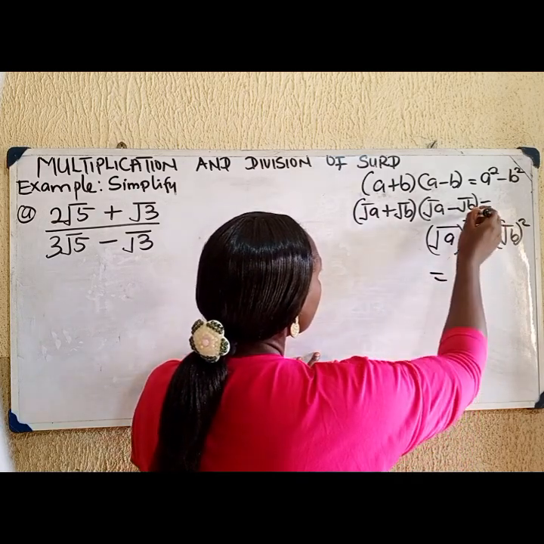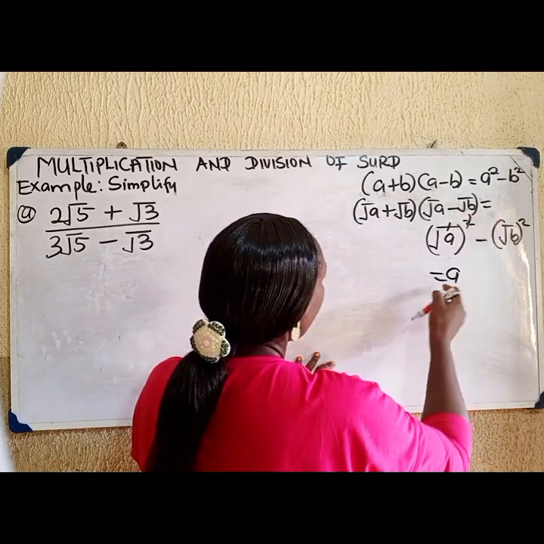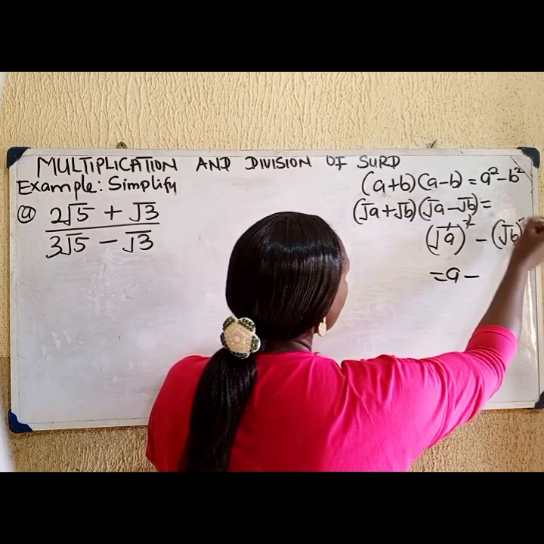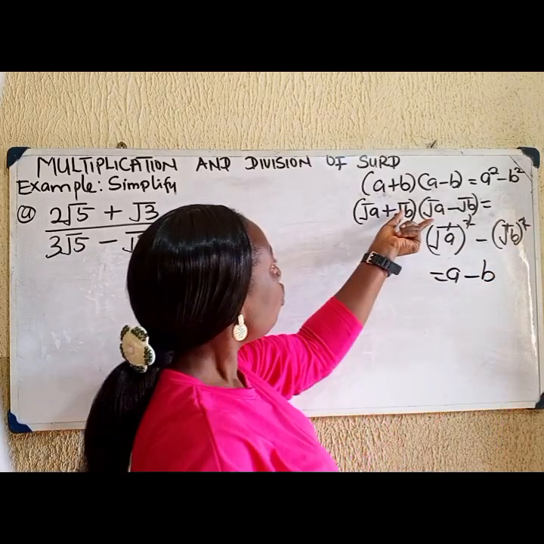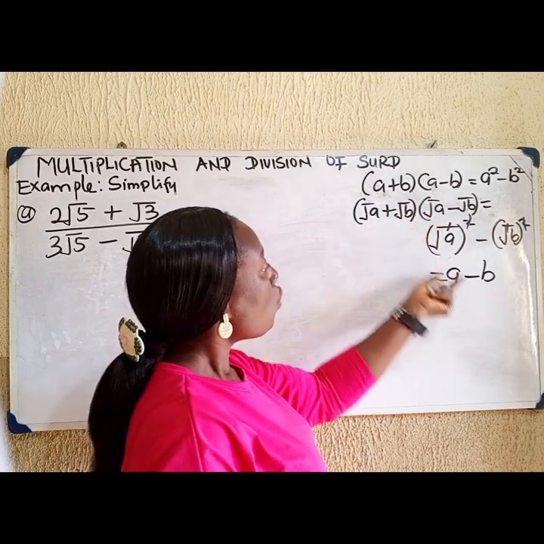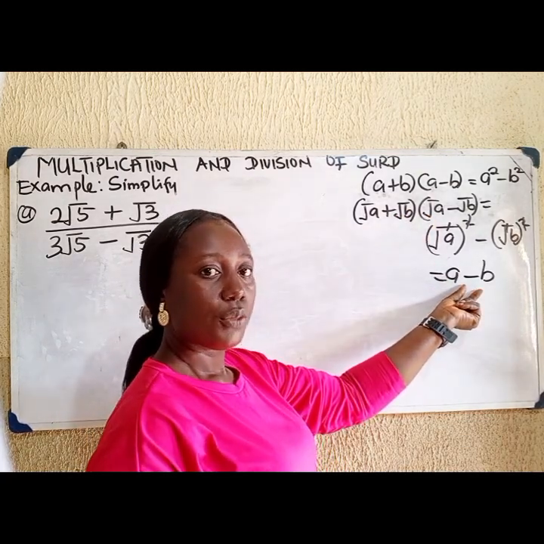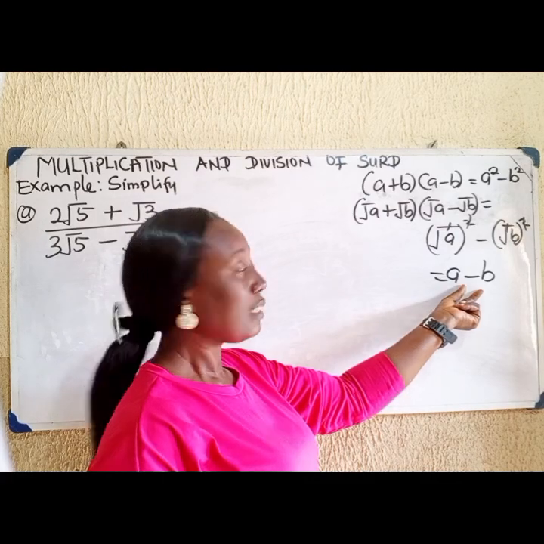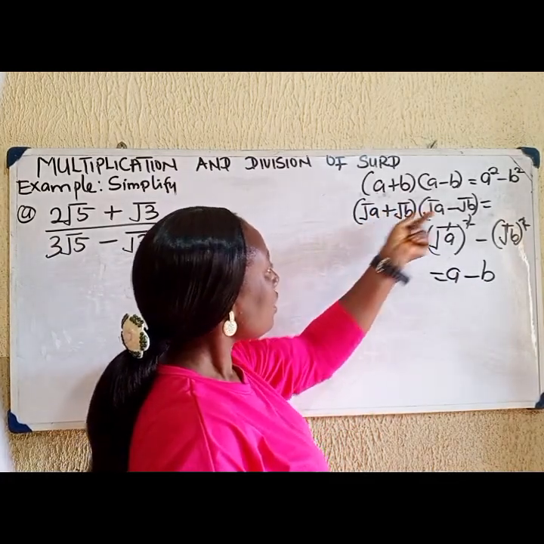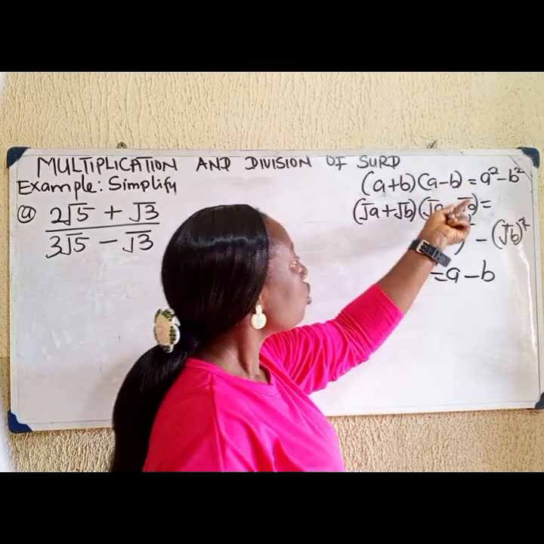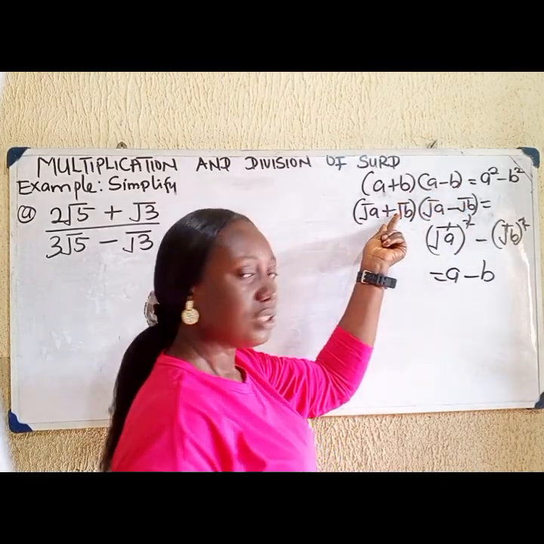The square root and the square will cancel, so I'm left with a minus b. So the product of this will give me what? A rational number. So I can now say that the conjugate of root a plus root b is equal to this, and the conjugate of this one is equal to this.